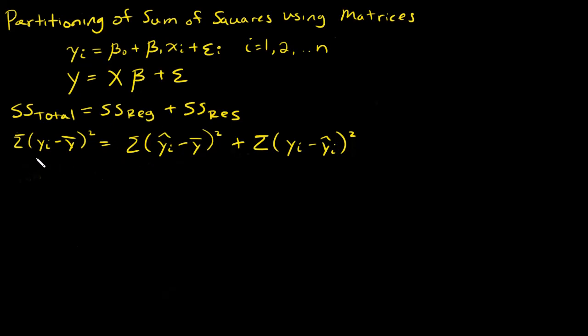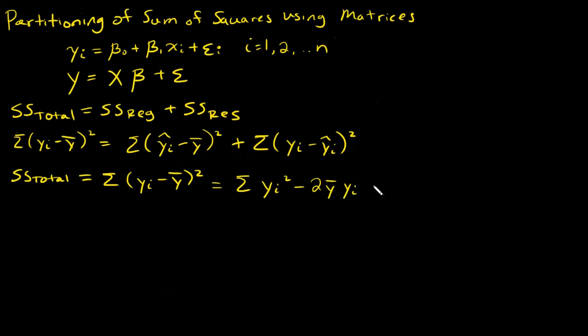Okay, so let's start with the sum of squares total. The sum of squares total is the sum of yi minus y bar squared. We want to represent this using matrices, so let's FOIL this so that we can simplify it. We have the sum of yi squared minus 2 times y bar times yi plus y bar squared.